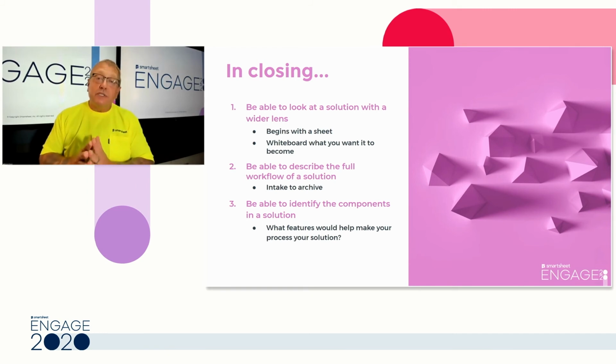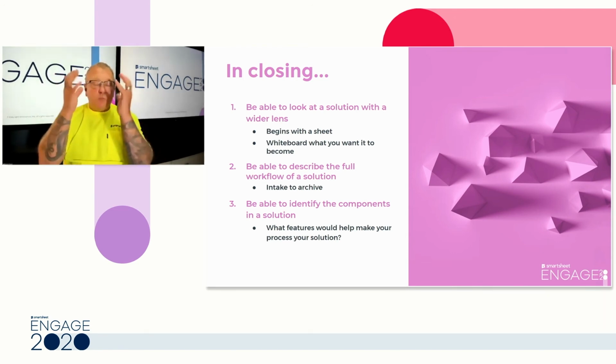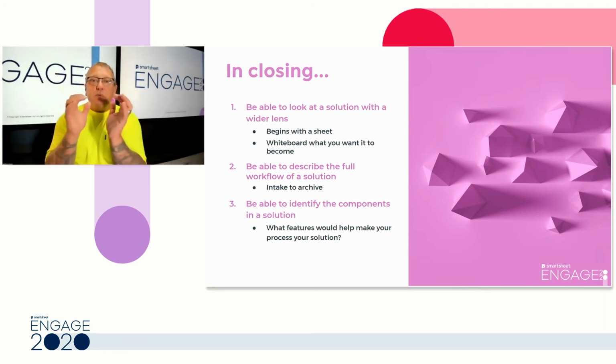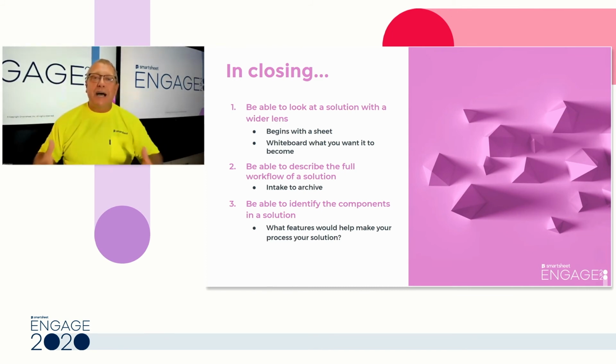And the components, the features that we talked about: forms, automations, cross-sheet formulas, column-level formulas, reports, using current user in reports, dashboards. All of those things come together and we take all of those features and put them together and create the diamond that is our solution.